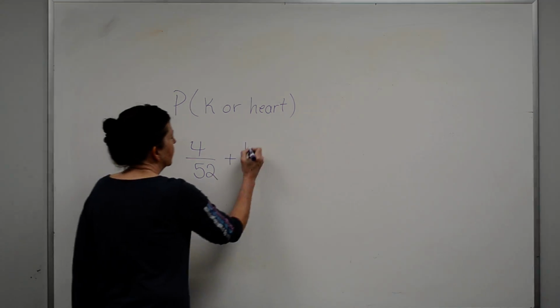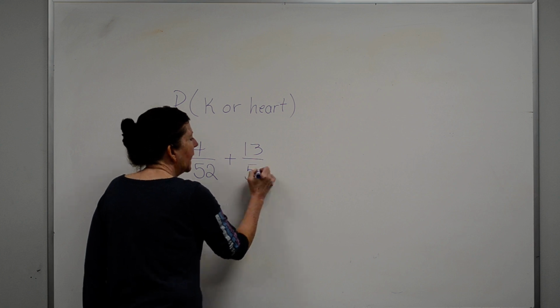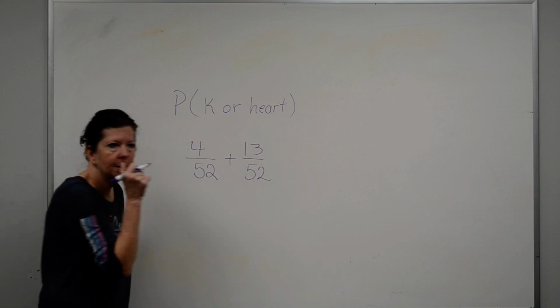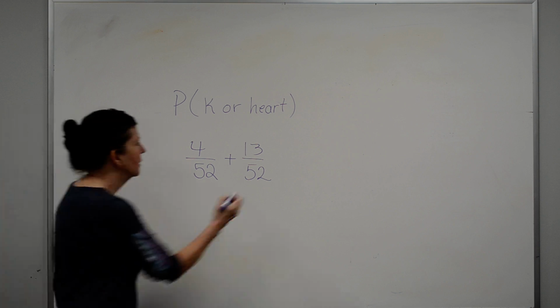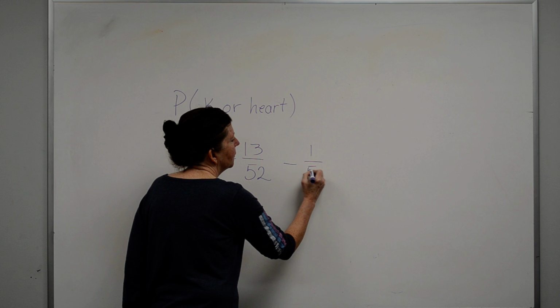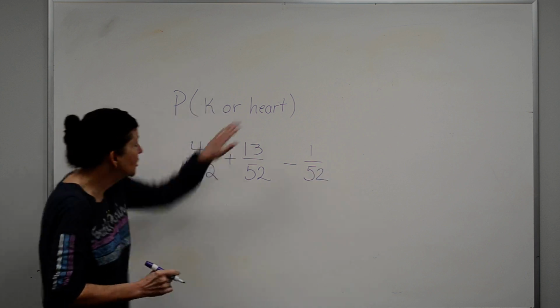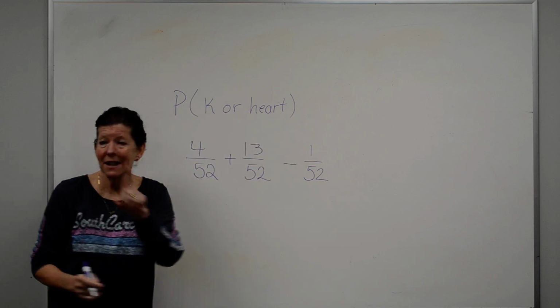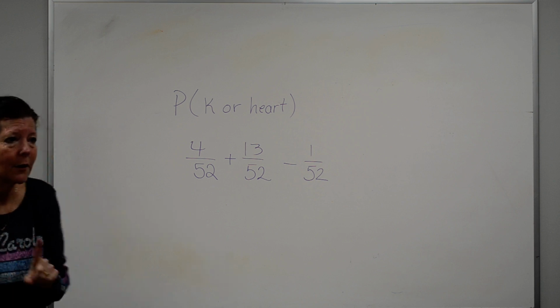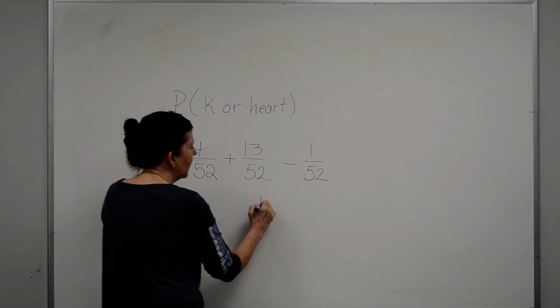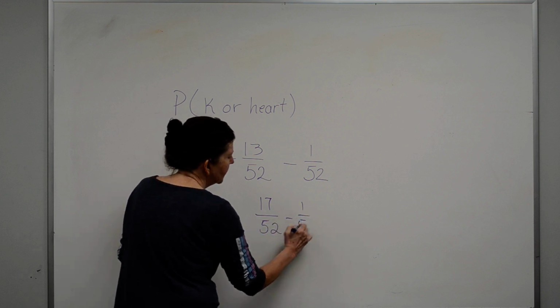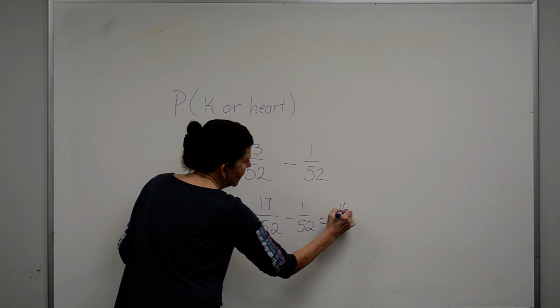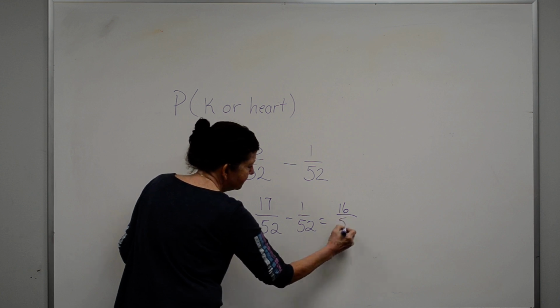13 out of 52. Can I have both a king and a heart? How many cards are both a king and a heart? 1 card. Minus 1 over 52, because those events can take place in the same card. So then I'm adding, so I have 17 over 52 minus 1 over 52, so I'm at 16 over 52.